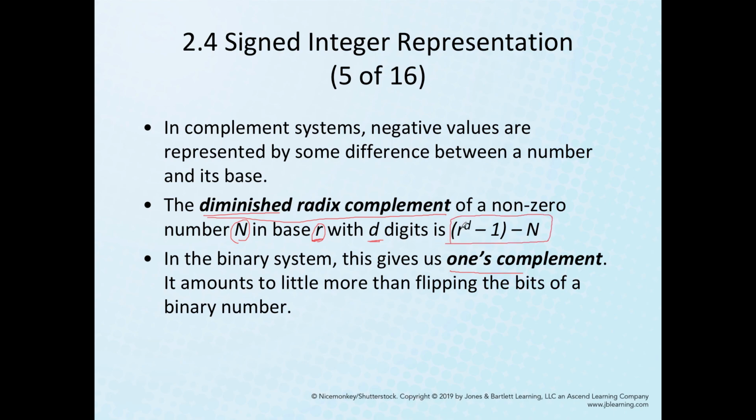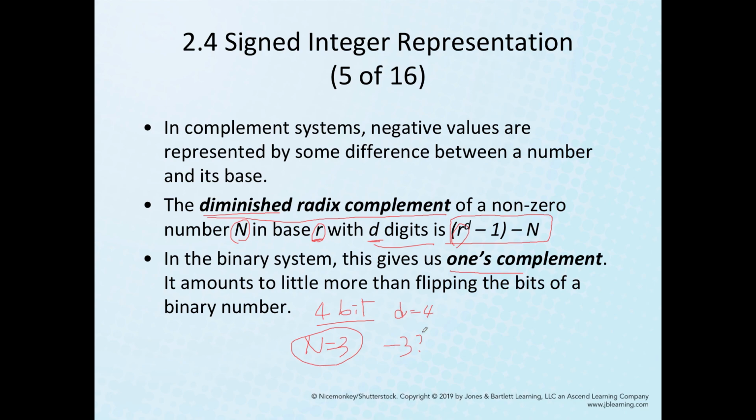Let's do this for binary. Suppose we have a 4-bit number, so d is 4. Suppose n is 3. How do we represent negative 3? The radix r in the binary system is 2.